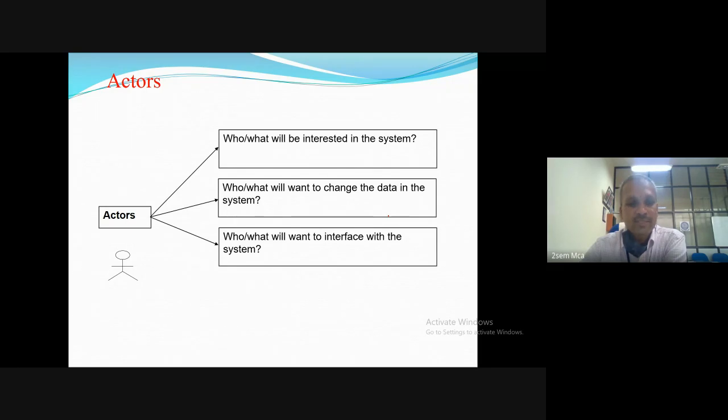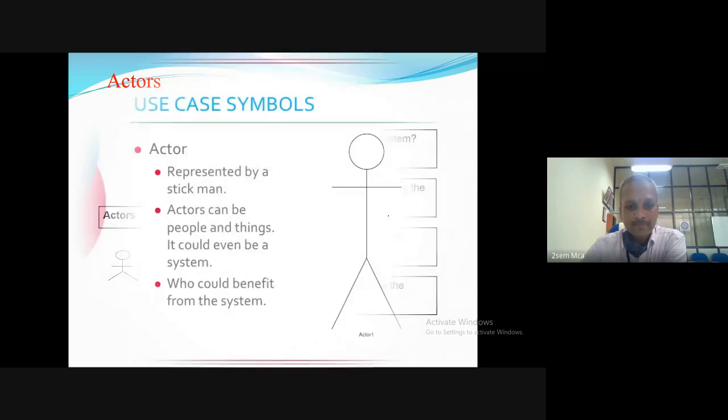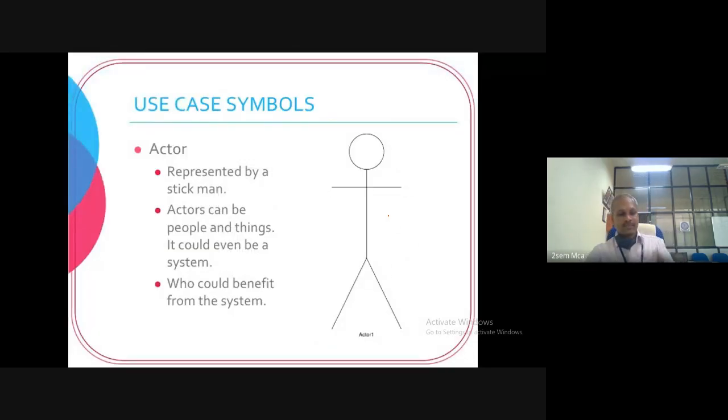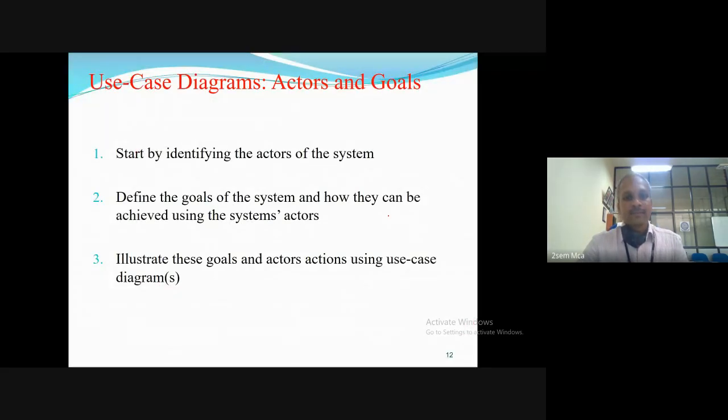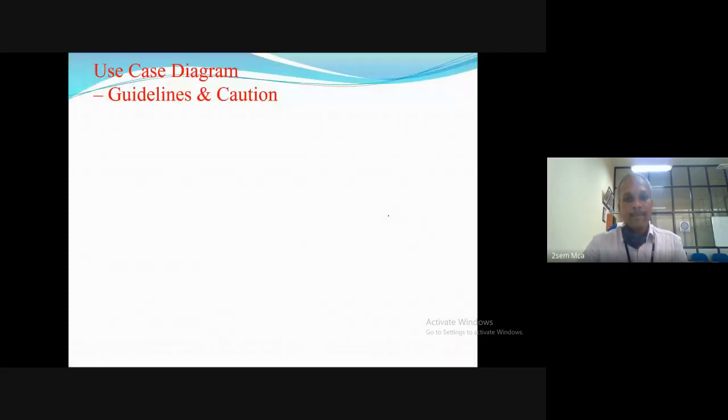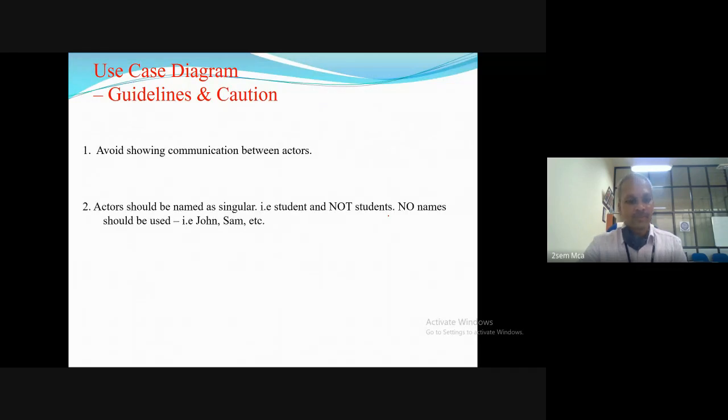So you can also see the notation that is used for an actor. Next we have the symbols. Just recall, this is the symbol we have for the actor. The guidelines we have just now shown: whenever you have an actor, the actor should be associated with one of the use cases.